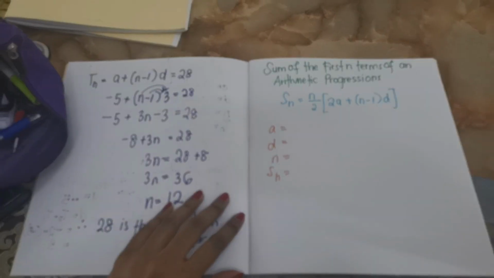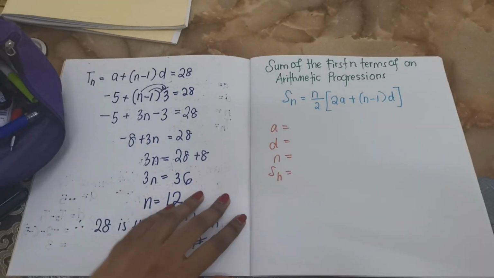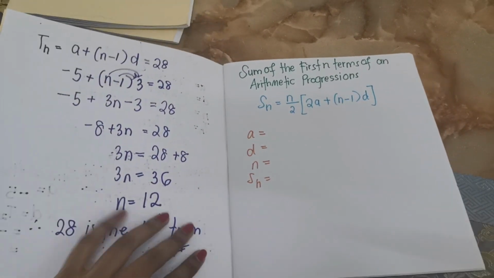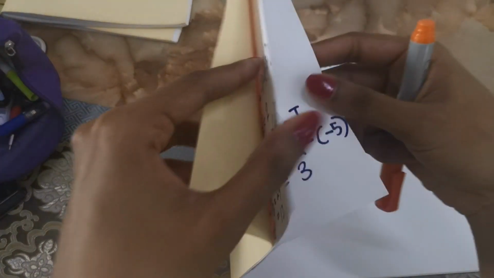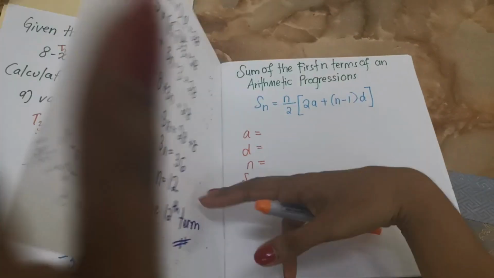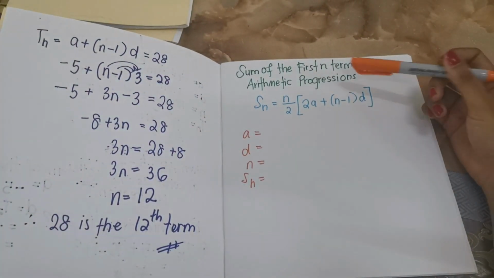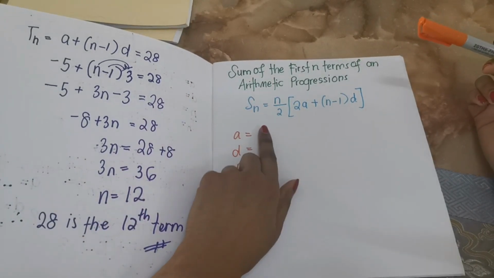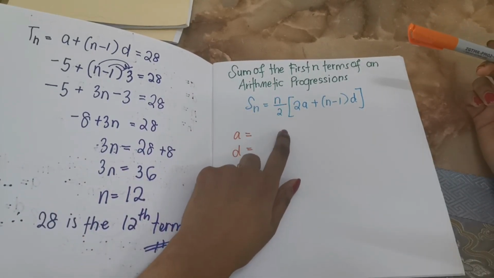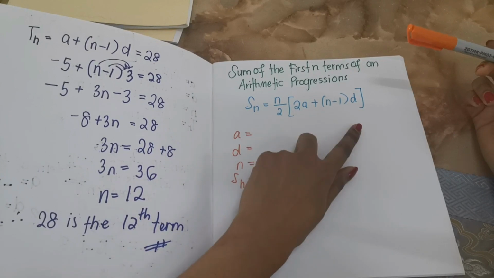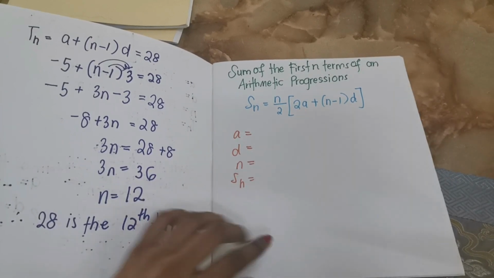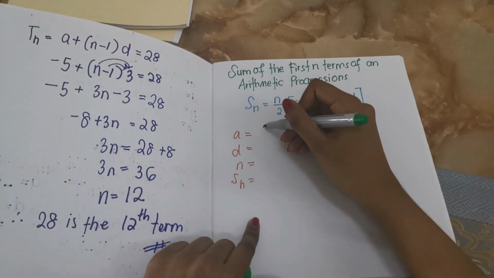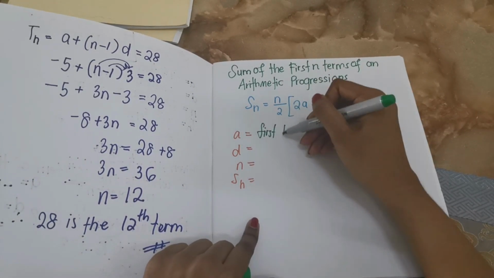Now let's look at the sum of the first n terms. Just now we looked at the formula of the n-th term in the previous video. So now we look at the sum of the first n terms. Given this formula, Sn equals n over 2 times 2a plus n minus 1 d. Now what could a be? a is definitely the first term.